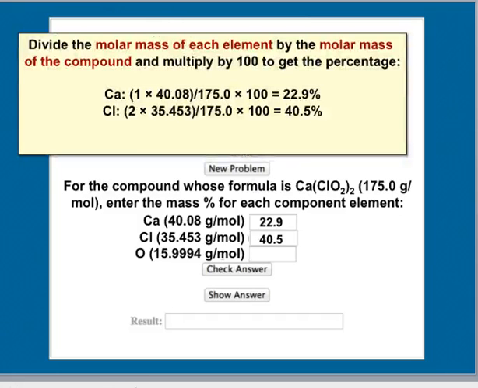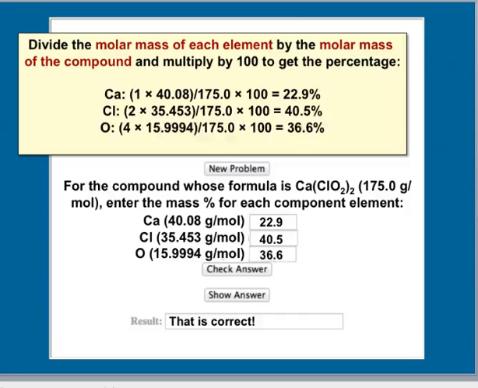And finally, how many oxygens? 4. 4 of them at 16 each, or 36.6%. Once you do a few of these, do your 5, you'll see this really can be simple. Very nice practice in doing mole ratios, then just converting that to a percentage.